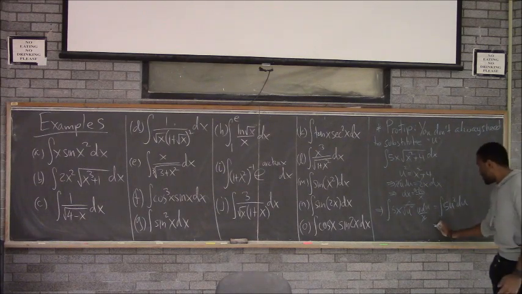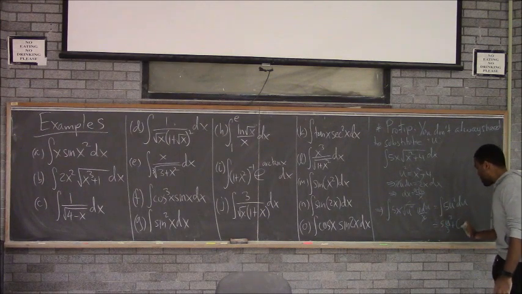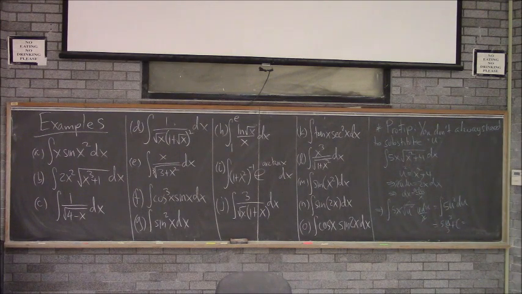I can integrate that: 5u cubed over 3 plus c, and then I replace u with what it is, which is in fact the square root of x squared plus 4, to the 1/2. So this is 5 times x squared plus 4 to the 1/2, cubed, over 3. And notice that that's the same answer.